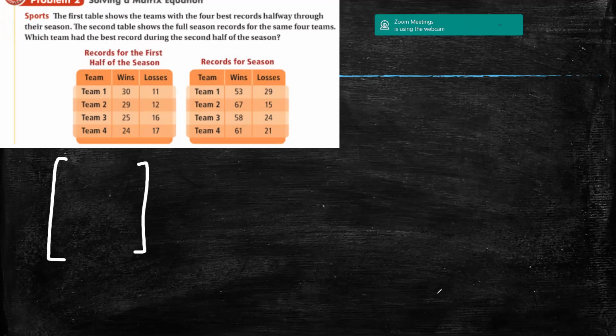As an example, here we have a girl whose name is H, and she gets 9, 10, and 7.